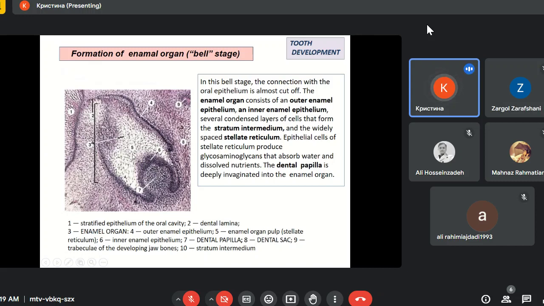Here, number 5 in this picture, this is the stellate reticulum, or the pulp of enamel organ. Here you see that epithelial cells change their shape to the stellate.